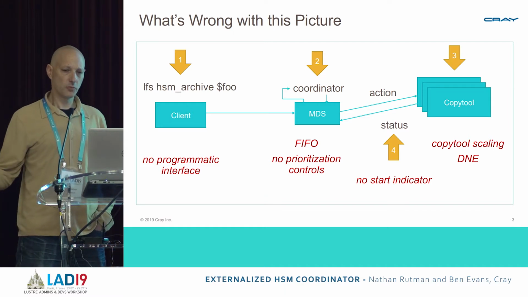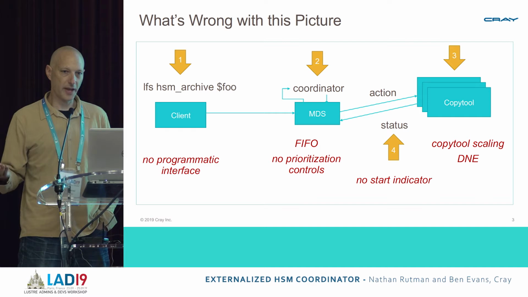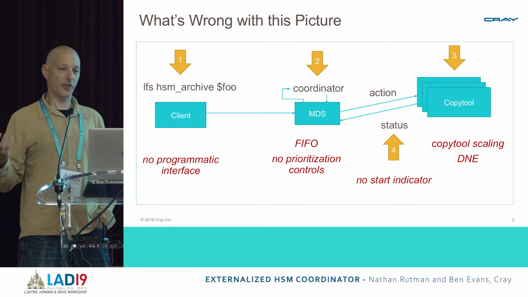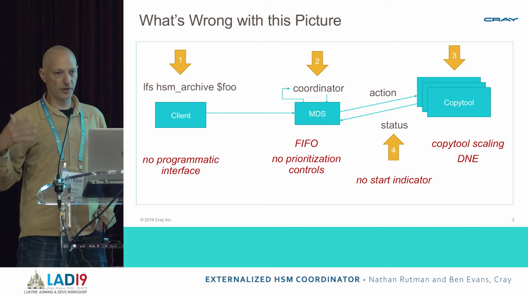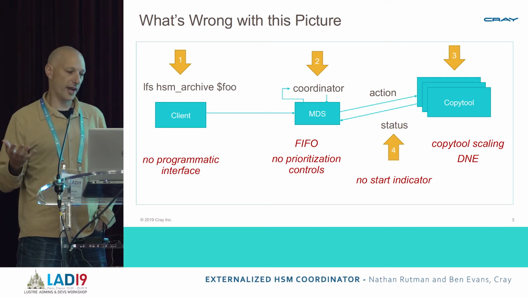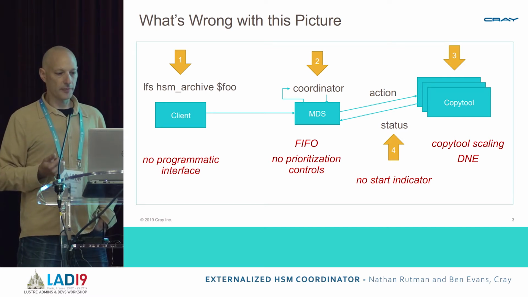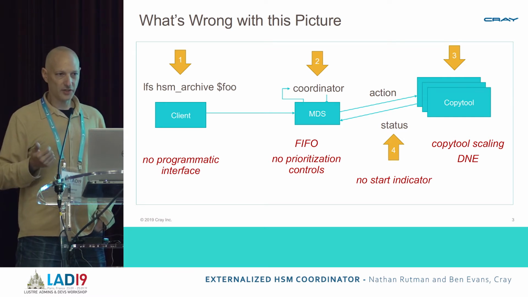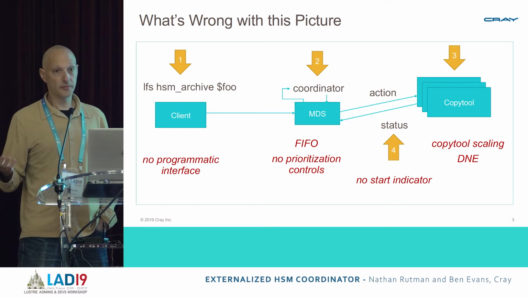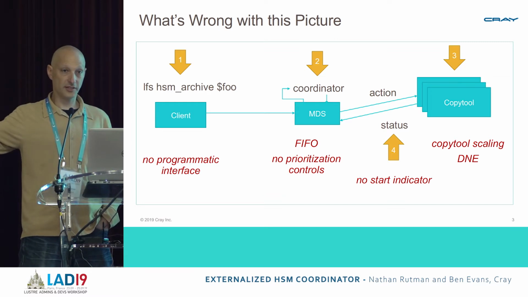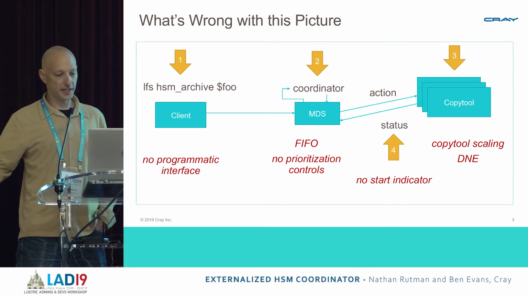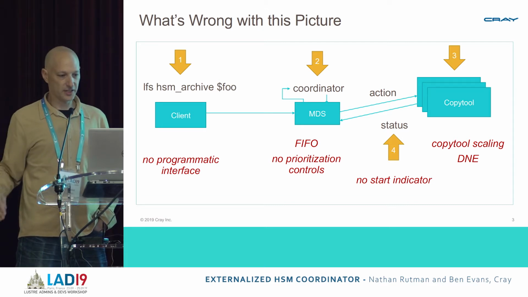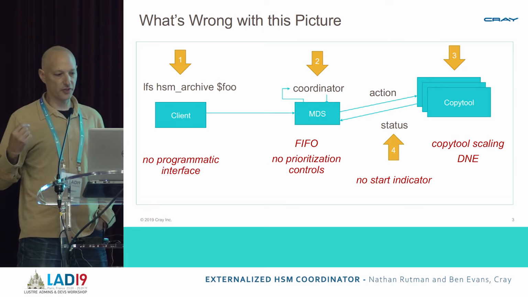Robinhood has to use the LFS command when really there should just be a programmatic interface that lets you say, archive a file, restore a file, do other actions on a file. And really, why should that have to go through Lustre at all? Maybe the policy engine should directly issue a command to something that is in charge of actually moving data. This isn't necessarily a Lustre function at all.